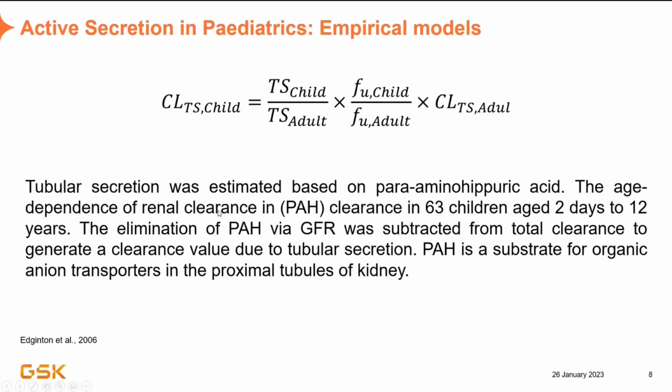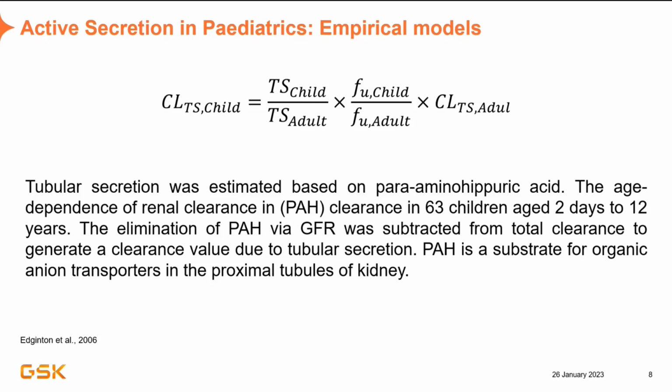The next part of the equation is the active tubular secretion. There are empirical models in the literature. This was reported around 15 to 20 years ago by Andrew Edginton. At the time, it was working for its purpose, but it's quite empirical.